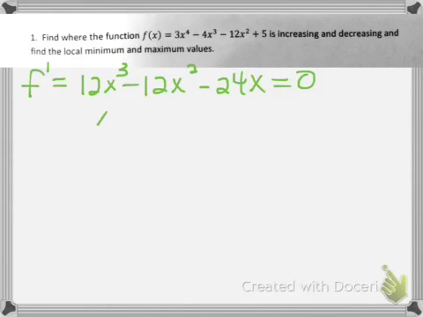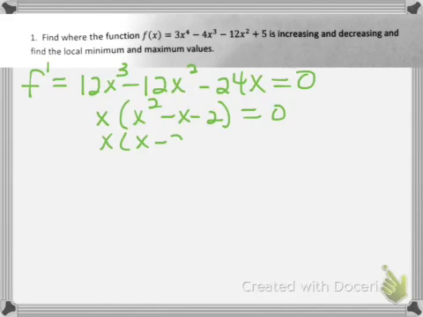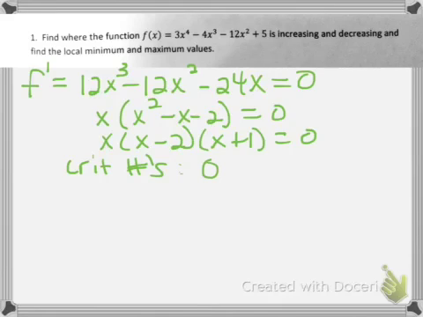So divide everything by 12 and factor an x out. So if I divide everything by 12, take an x out, now I can solve. So factor this, x minus 2, x plus 1. So my critical numbers, which we just did, are 0, 2, and negative 1. Okay, those are my critical numbers.